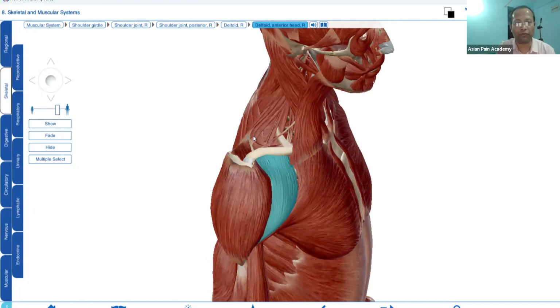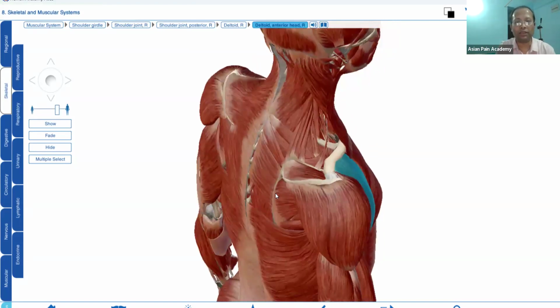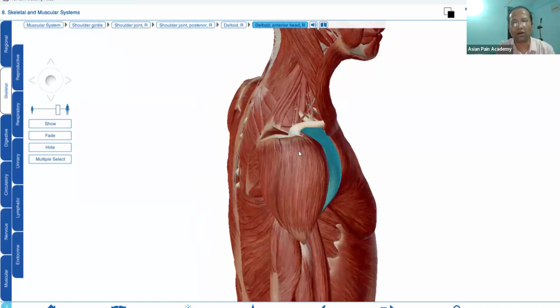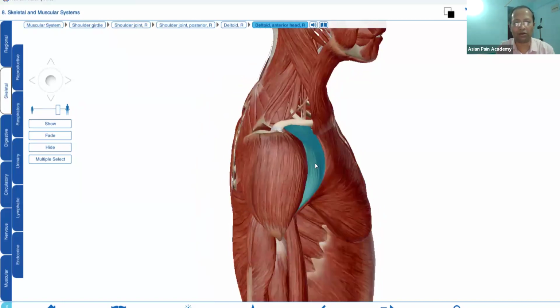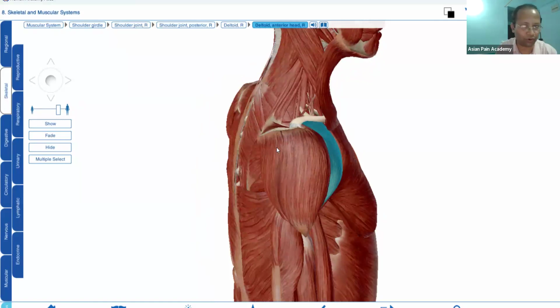So if you put the ultrasound probe between this spine of scapula and clavicle, you will see the most superficial layer of trapezius. If you put your probe on this side, just below the clavicle or just below the spine of scapula, then you will see the most superficial layer should be deltoid.